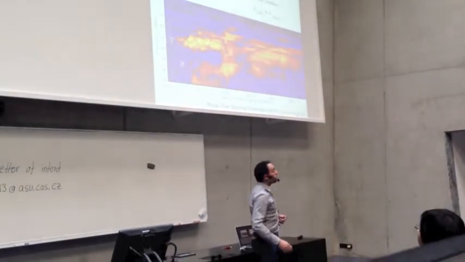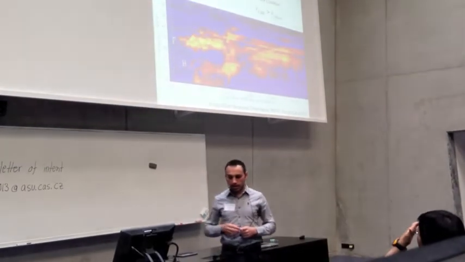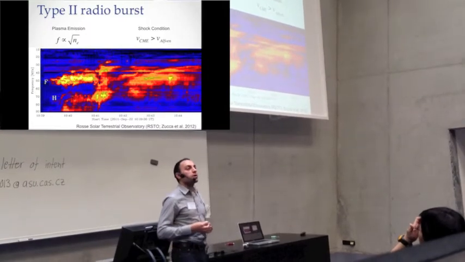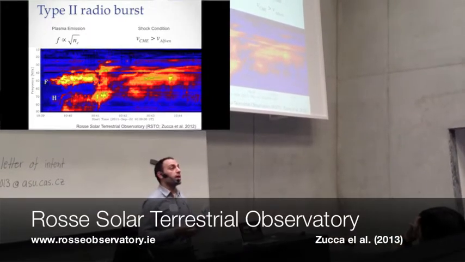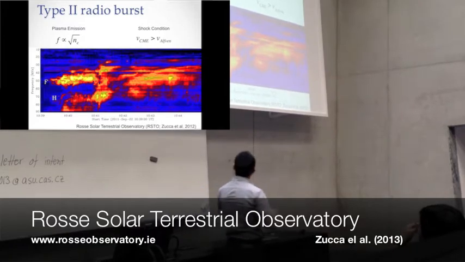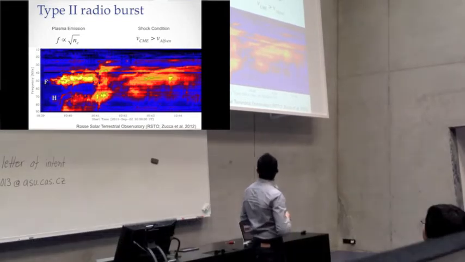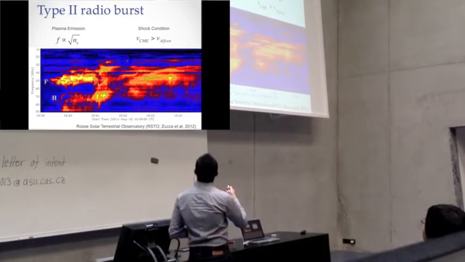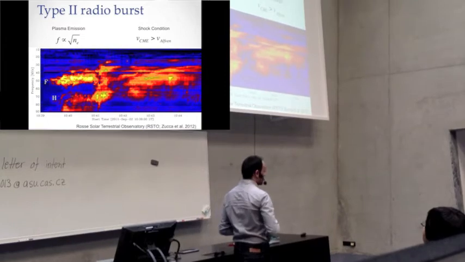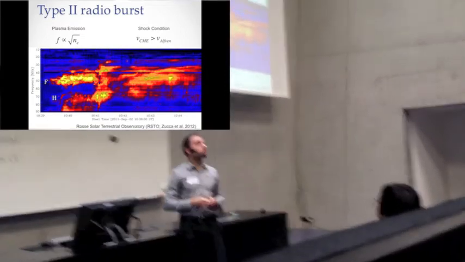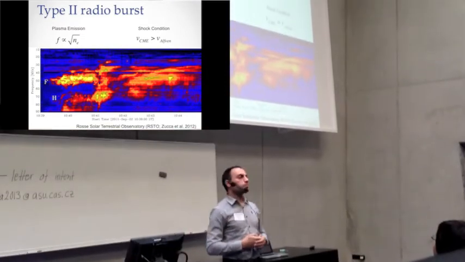So we all know what a type 2 radio burst is. This is from an observatory we set up in Ireland, the Ross Observatory. It's a type 2 radio burst, and we have fundamental and harmonic emission. Obviously we all know that the frequency is related to the density because it's a plasma emission.